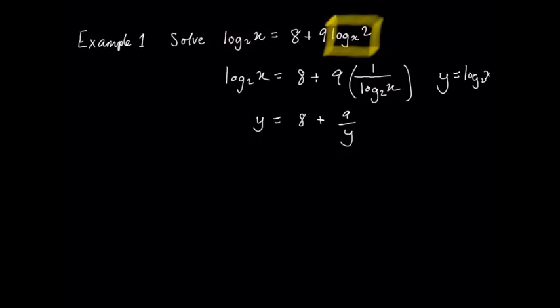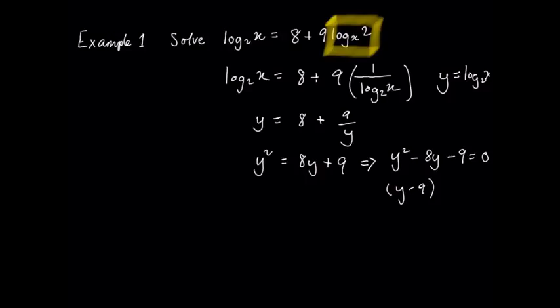Now if we multiply through by y, we'll get y squared equals 8y plus 9. So that implies that y squared minus 8y minus 9 is equal to 0. Well, that will factorise nicely. We can write that as y minus 9 multiplied by y plus 1 is equal to 0.